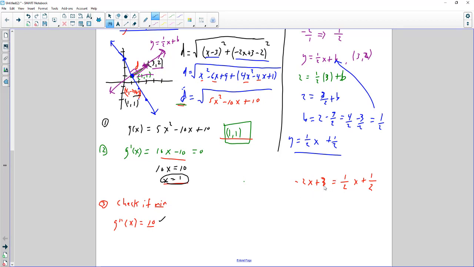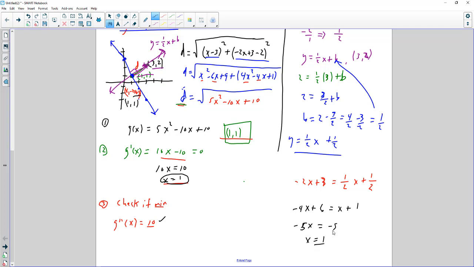So to solve this, I'm going to multiply everything by 2. And then I will subtract x from both sides and subtract 6 from both sides. And x would equal what again? It would equal 1.